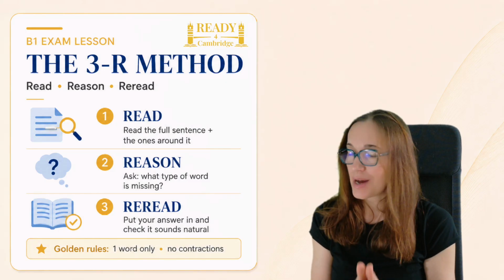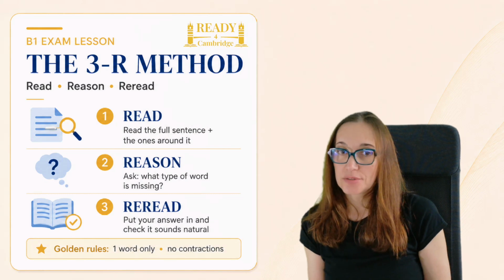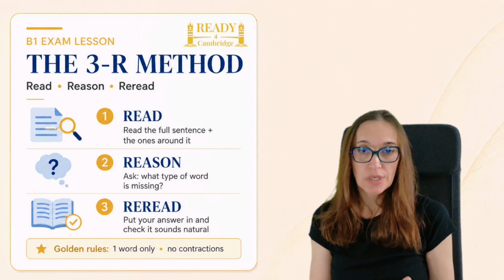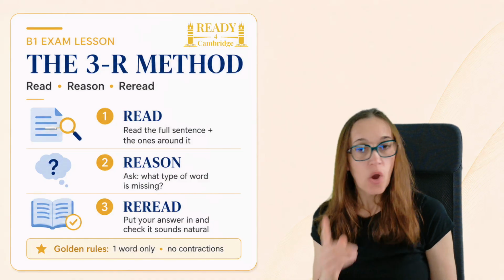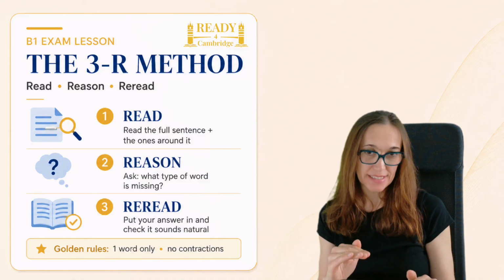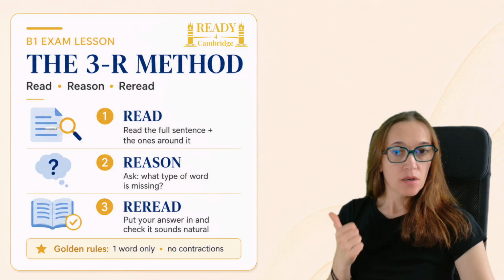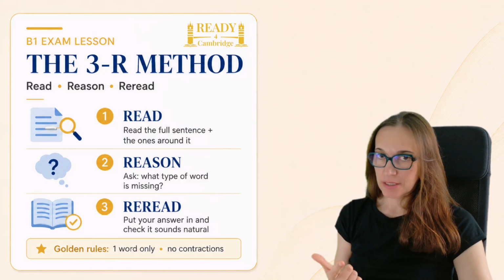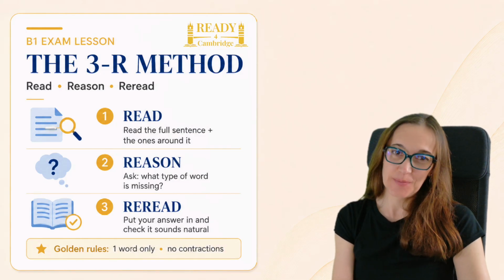And never write a contraction. Don't write don't, write do. Don't write I've, write have. One word spelled correctly. That's it. Simple, right? Read, reason, reread. Now let's see it in action.